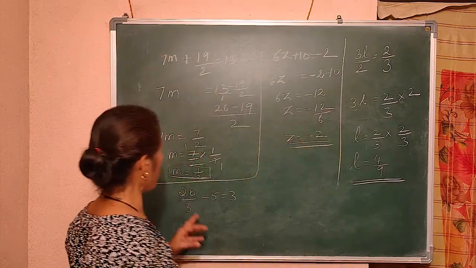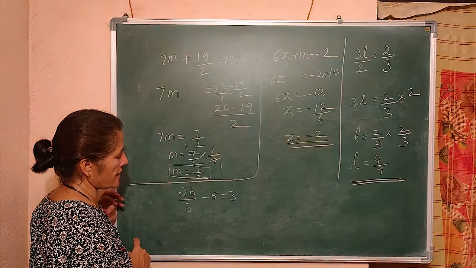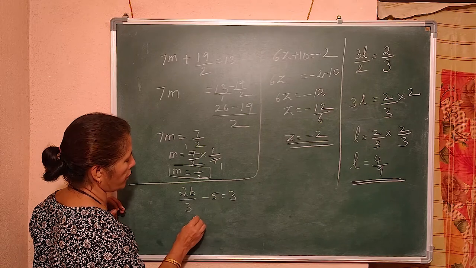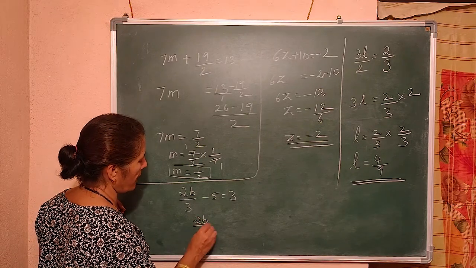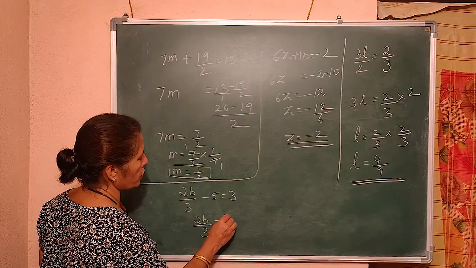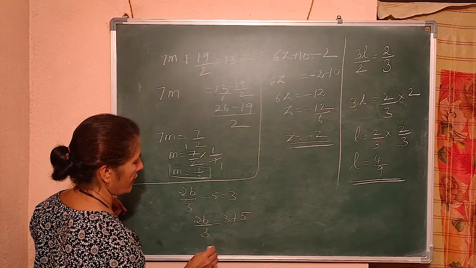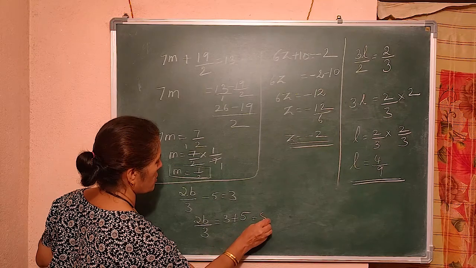The last question of the first one is 2b by 3 minus 5 is equal to 3. So I do 2b by 3 is equal to 3 plus 5. So what is the next step? Is equal to 8. Am I right?